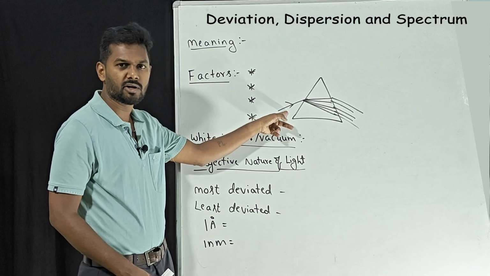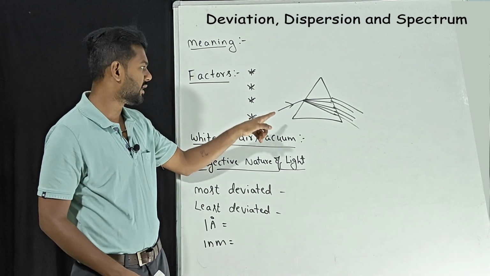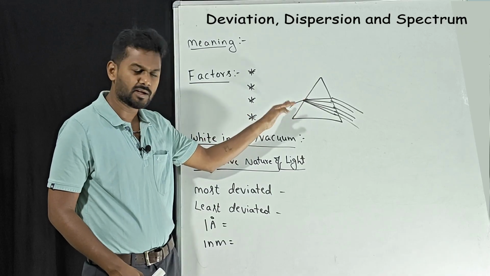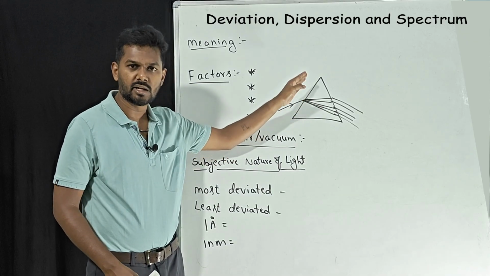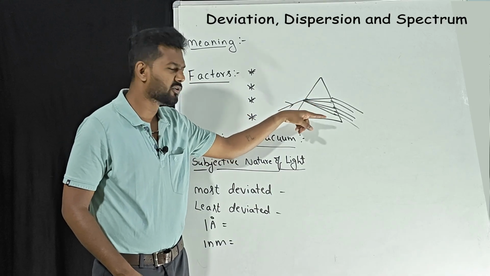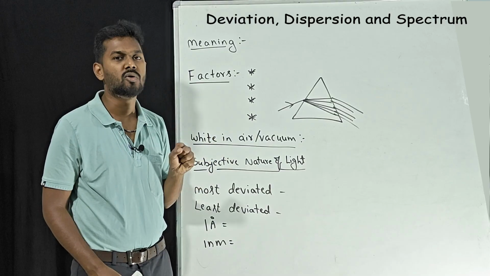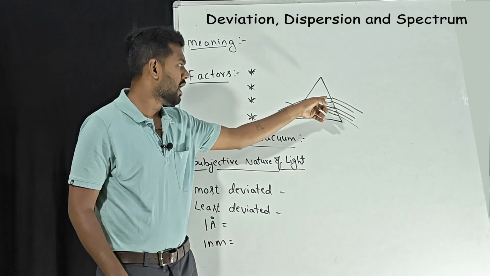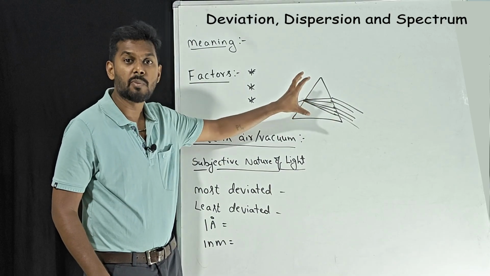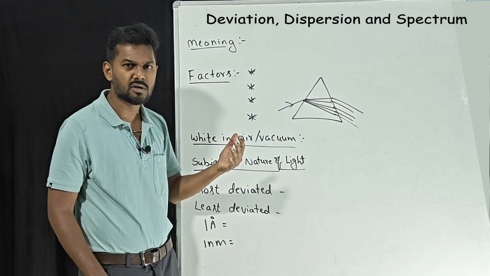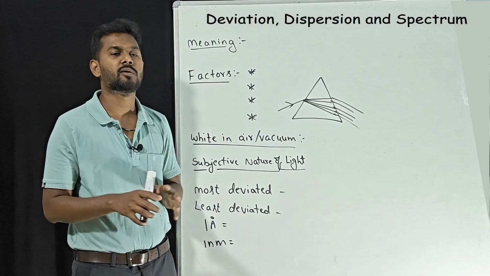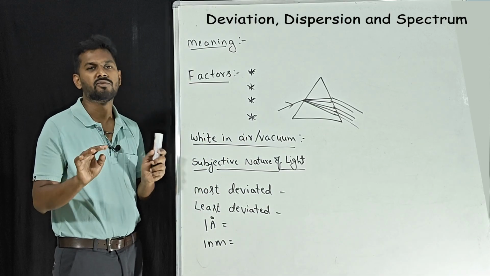Anyhow, white light we are talking about, it's polychromatic. Whenever polychromatic light or white light is incident on a prism, it splits into different colors. This process is known as dispersion. Whenever we have different colors, this band of colors after dispersion, we call it as spectrum. So these are the definitions.